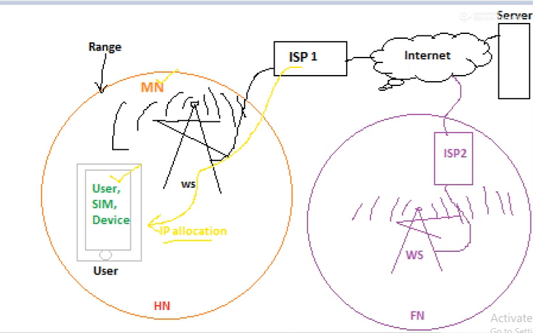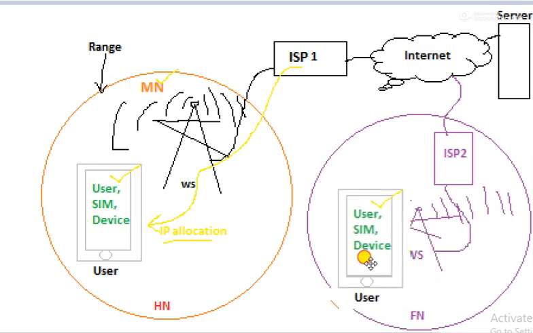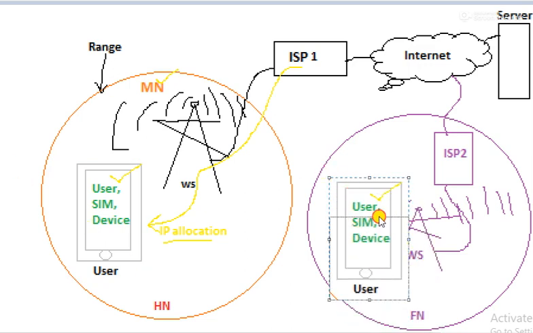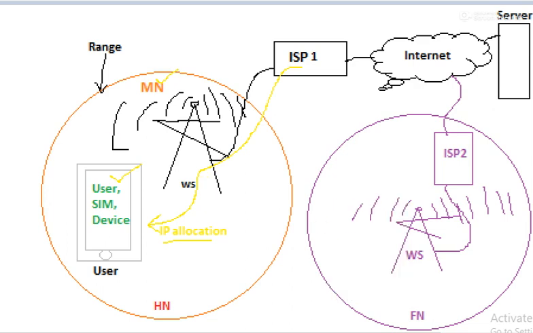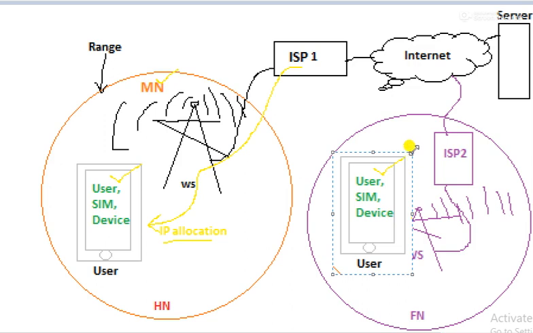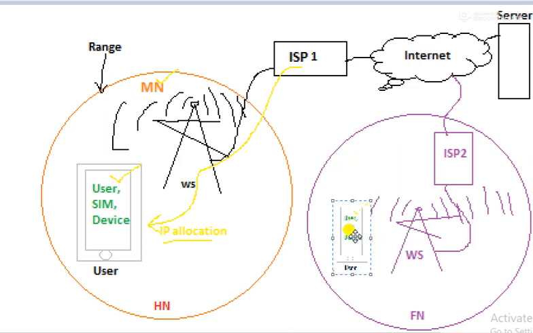Here again I'm explaining the same scenario: the user has now entered the foreign network. Let's make it available here: this user has entered this network, which is the foreign network.